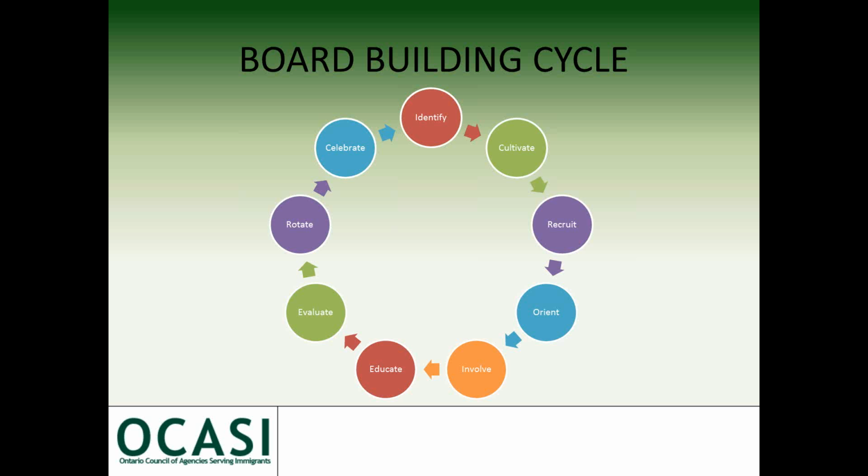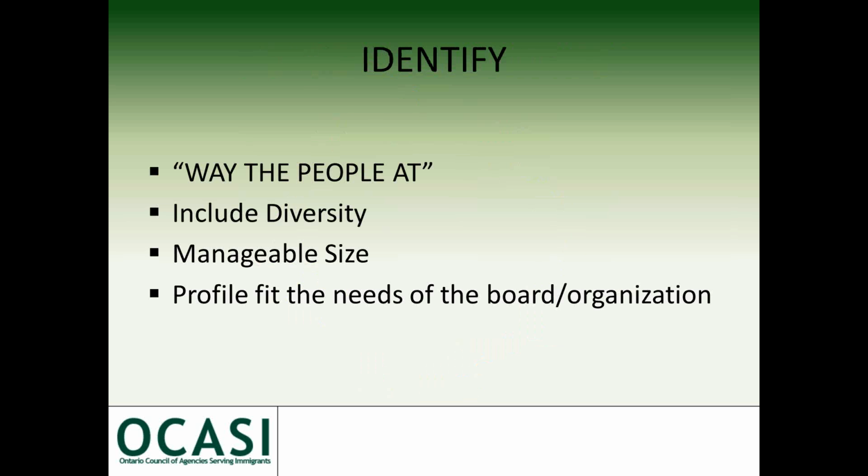You identify, cultivate, recruit, orient, involve, educate, evaluate, rotate, key piece, rotate, and celebrate. What I'm going to do now is look individually at each of these sections and see how they work specifically for the recruitment process and building a good board.